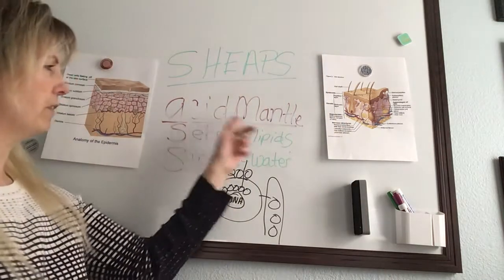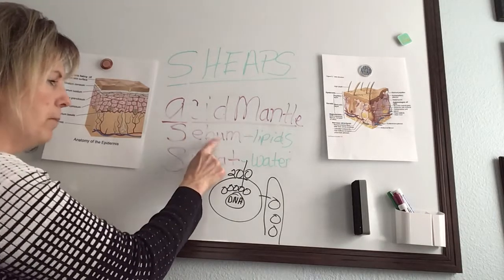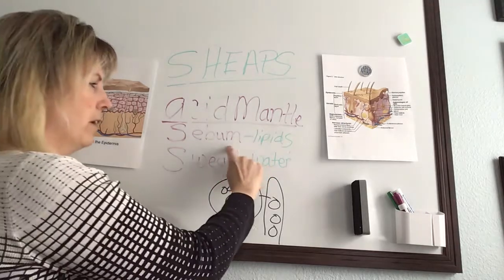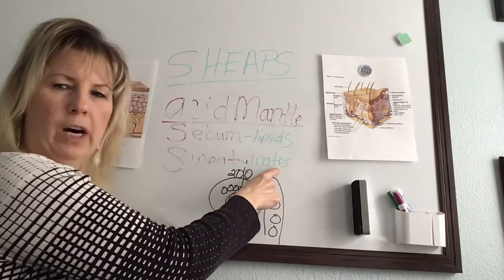Now the acid mantle is a protective barrier, and it's made up of sebum and sweat, lipids and water. Here we have the acid mantle, and it's made up of two S words, sebum and sweat. And sebum is made up of lipids, and sweat is made up of water.